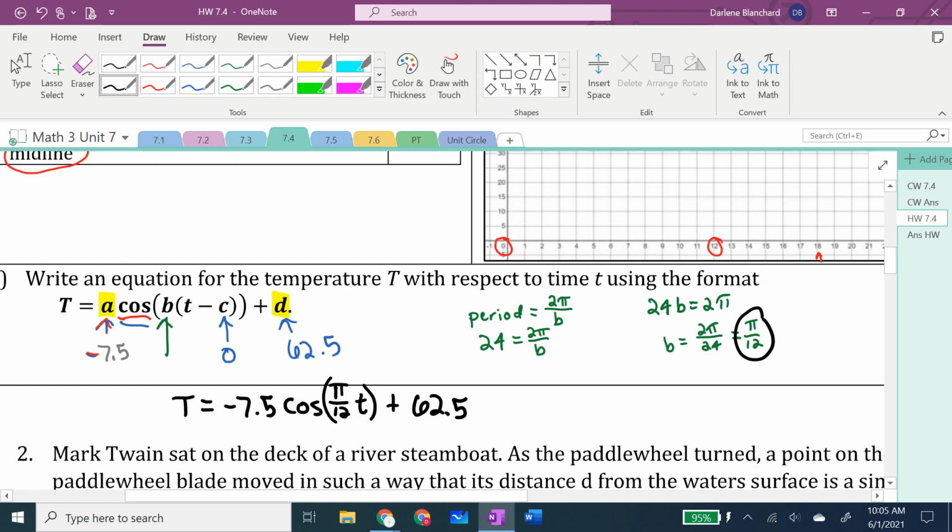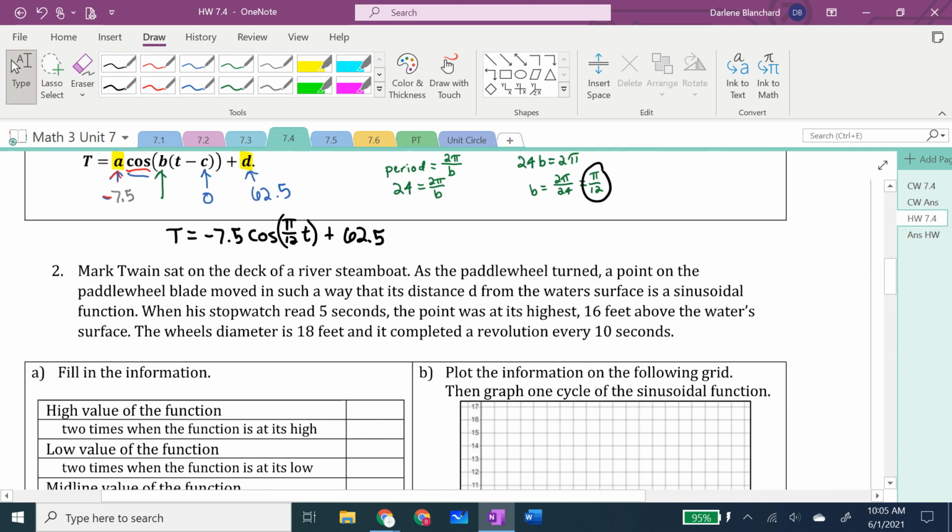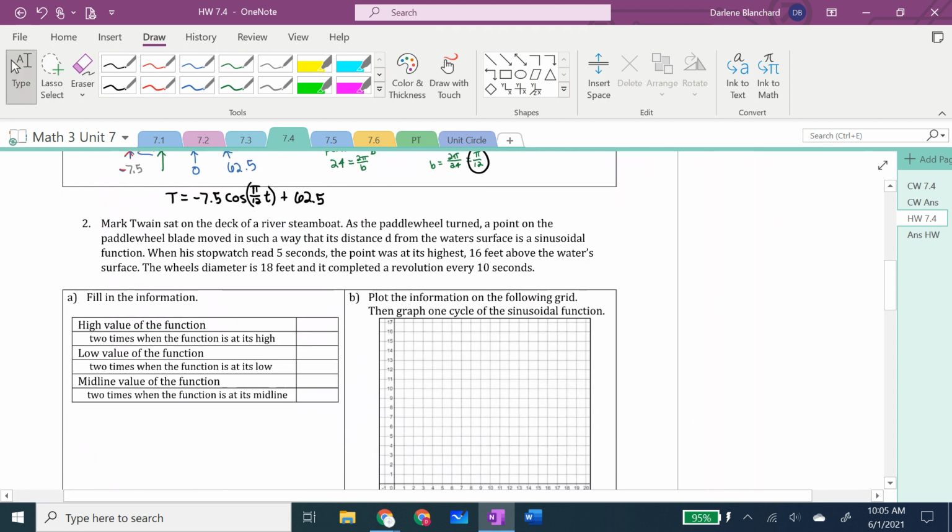Then number 2, we have a paddle wheel. And this problem could be made a little bit easier if we draw what this could look like. So we've got a paddle wheel and we're really thinking about it as a circle. And we're looking at a point on the paddle wheel blade.